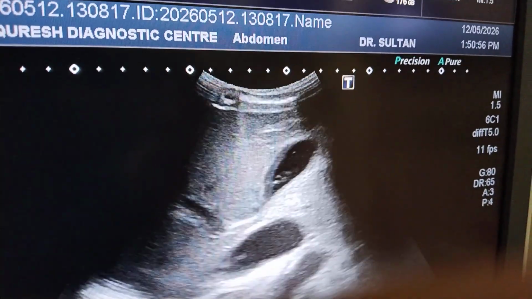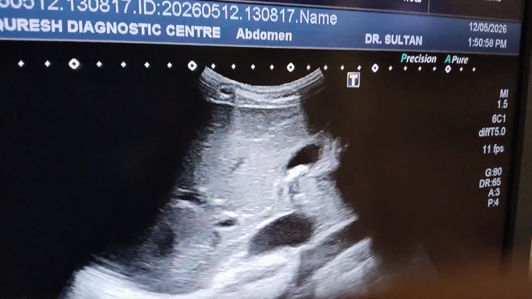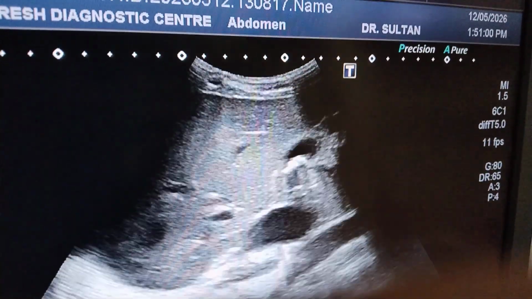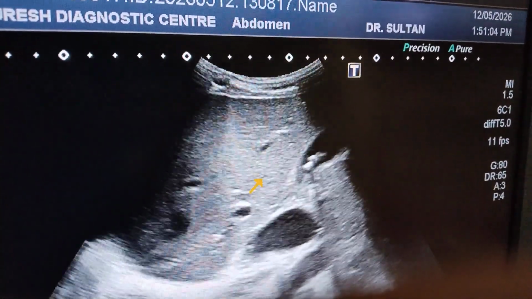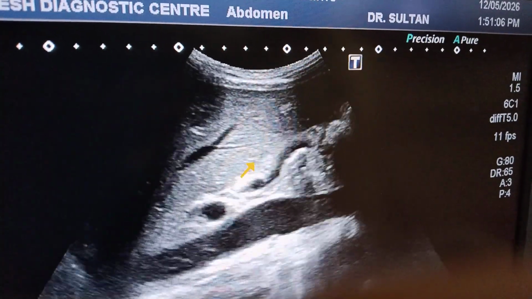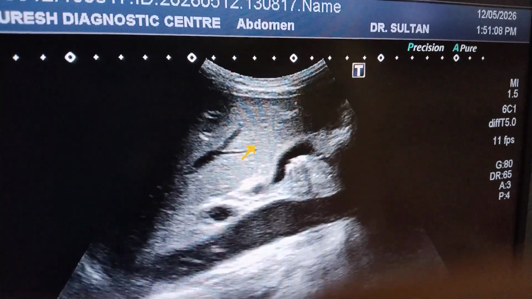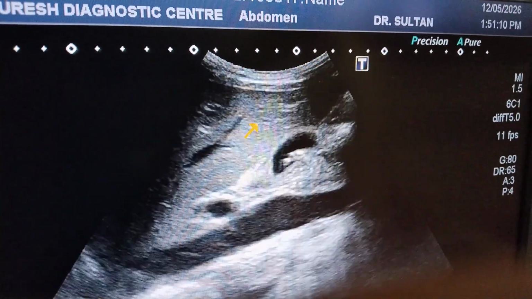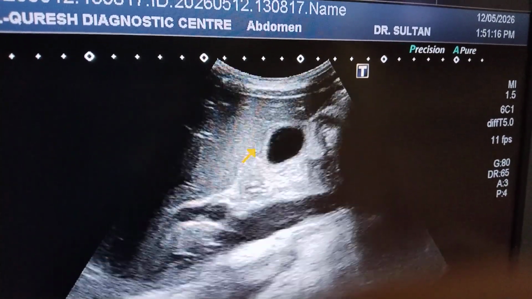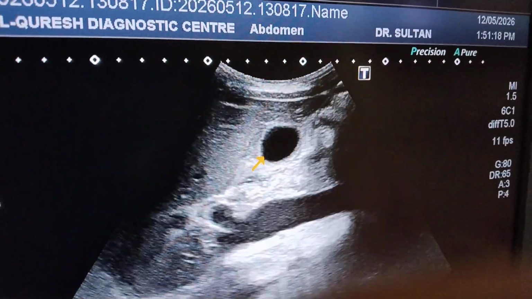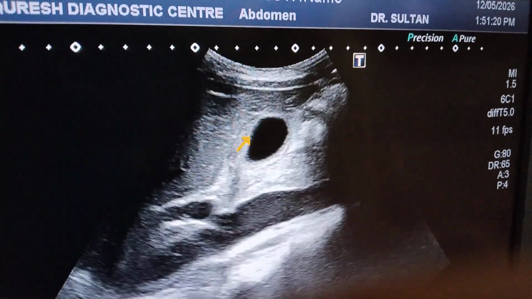In the passive hepatic congestion, we can also appreciate the gallstone. And also we can appreciate the gallbladder is diffusely and mildly thick walled. So this is due to the passive hepatic congestion.